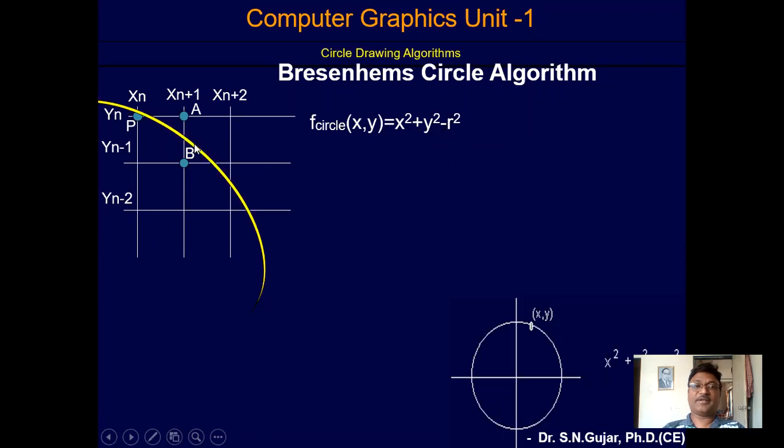Now what are my next points? Suppose this is the point A and this is the point B, both on the circle.